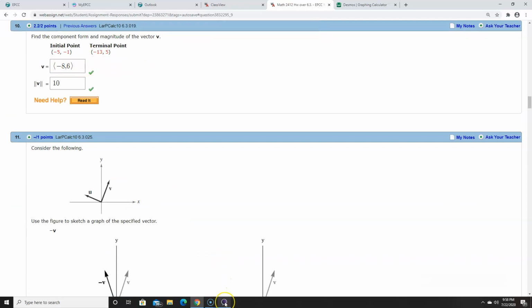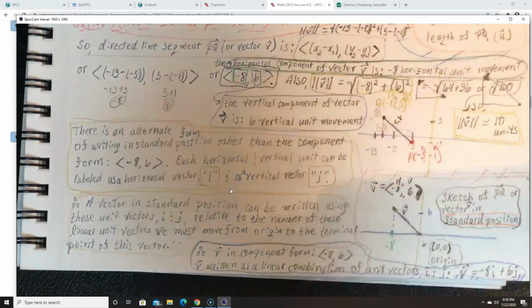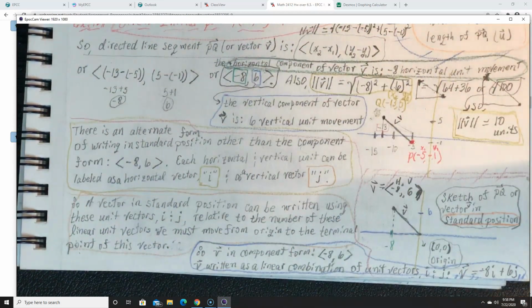I would like to show you one other form yet, which is on this assignment, and it's certainly a nice moment to show you. Right here, there is an alternate form of writing a vector, when you put it in standard position, other than the component form, which is what we just put, -8, 6.